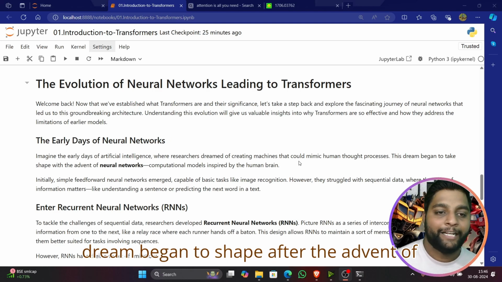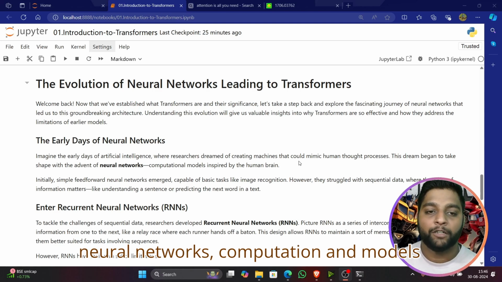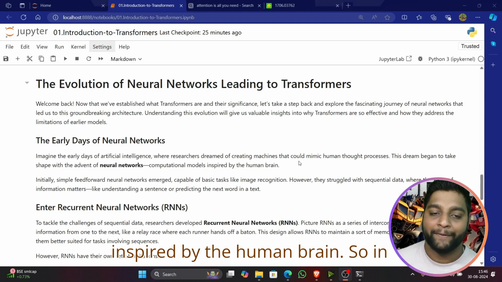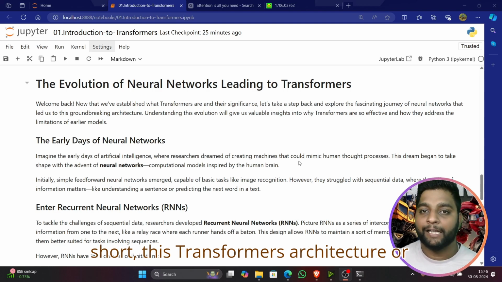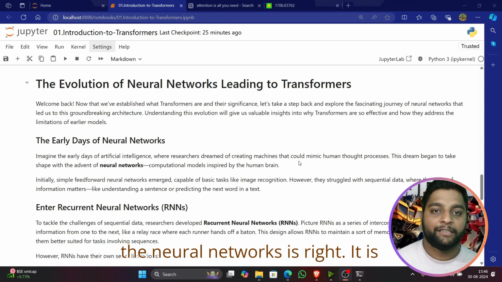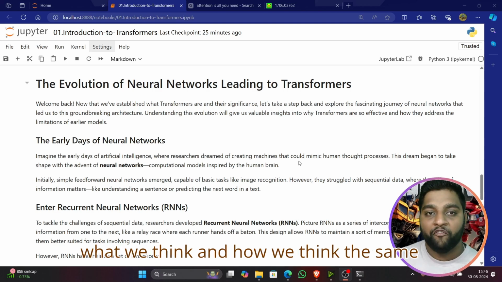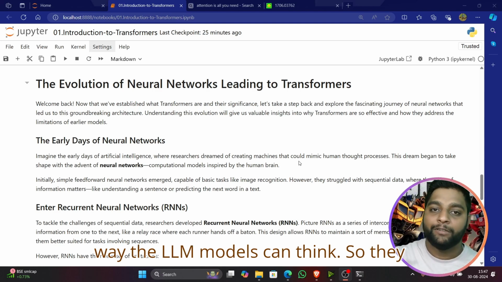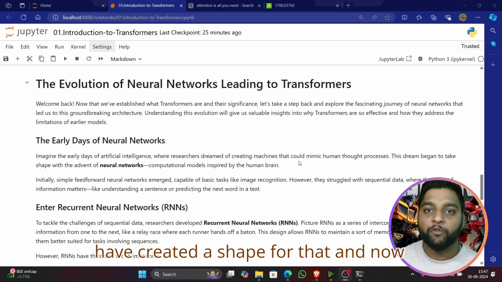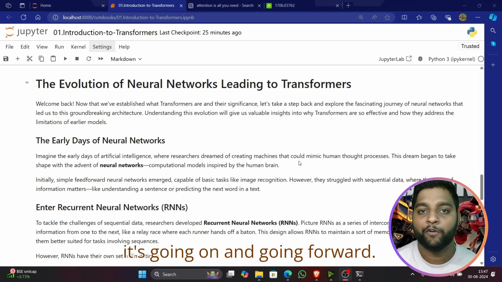The dream began to take shape after the advent of neural networks, computation, and models inspired by the human brain. So in short, the transformers architecture or neural networks is nothing but a mimic of the human brain. What we think and how we think, the same way the LLM models can think. So they have created a shape for that, and now it's going forward.